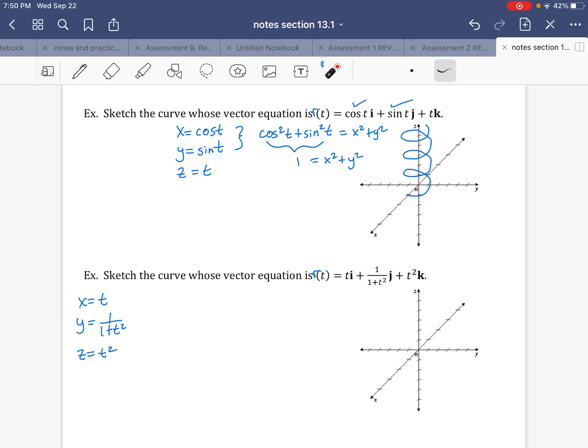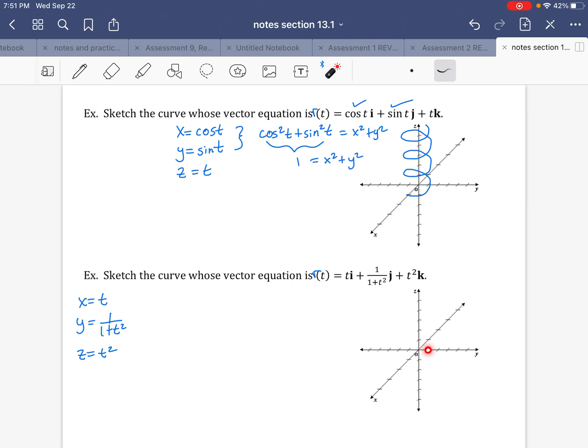So if I pick numbers for t, if I pick 0, I get 1 over 1. So that's 1. As I start picking bigger numbers, like 2, 3, 4, 5, do you see I get 1 over a large number? So, you know, 1 over a large number, that's 1 over infinity, goes off to 0. So the biggest that the y value is going to get is here when t is 0.